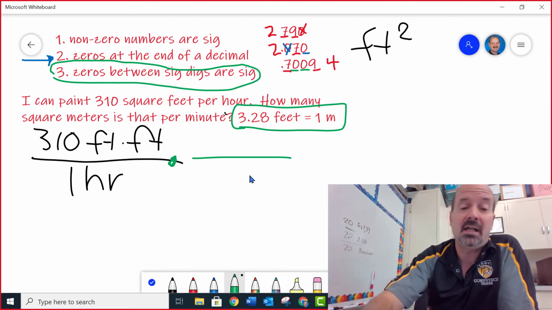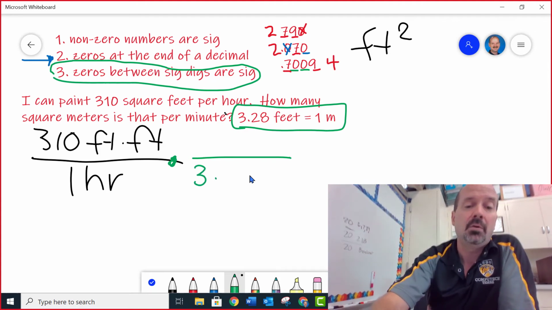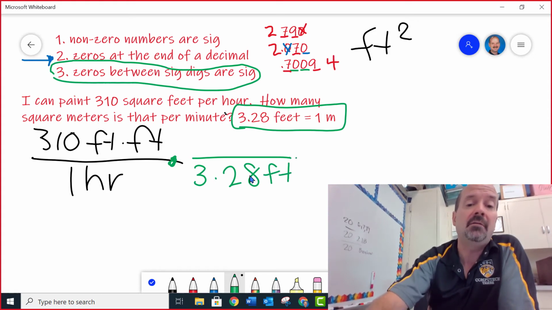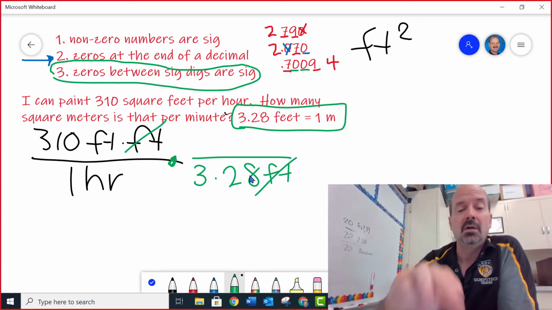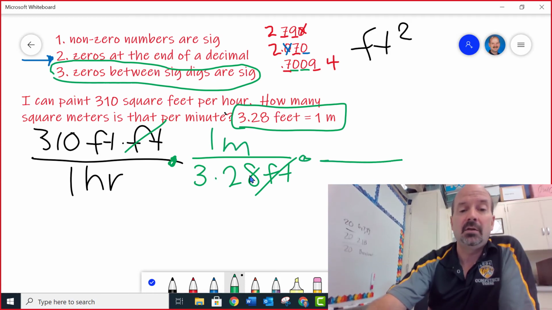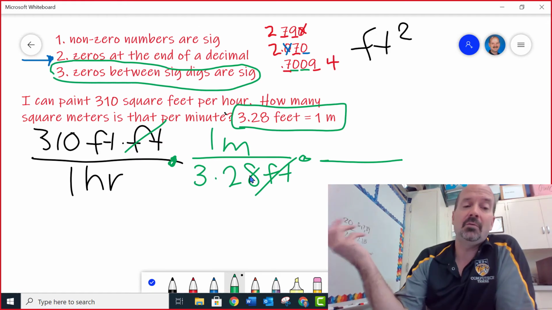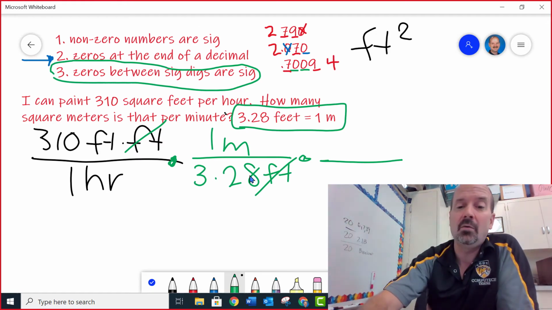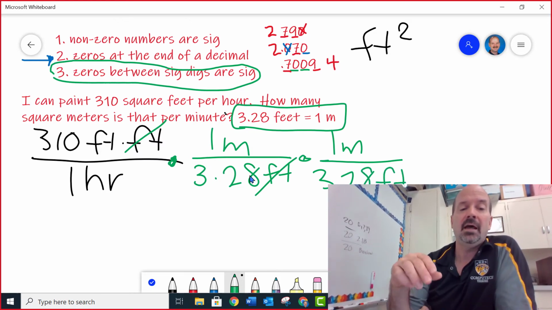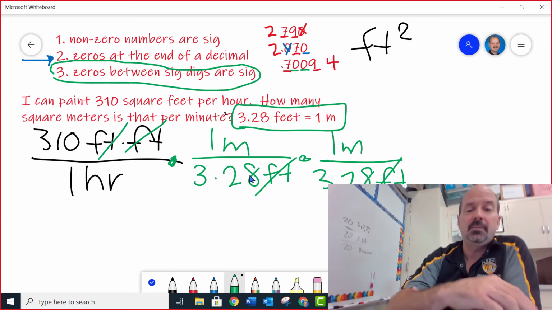And the way you can tell is it has to cross cancel. So 3.28 feet goes on the bottom so that feet and feet cross cancel, which means 1 meter goes on top. Next, I'd have to get rid of the other feet. See, I only got rid of one of them. So I'd have to do the same exact thing again. 1 meter over 3.28 feet. Okay. And that will cross cancel with the other feet.